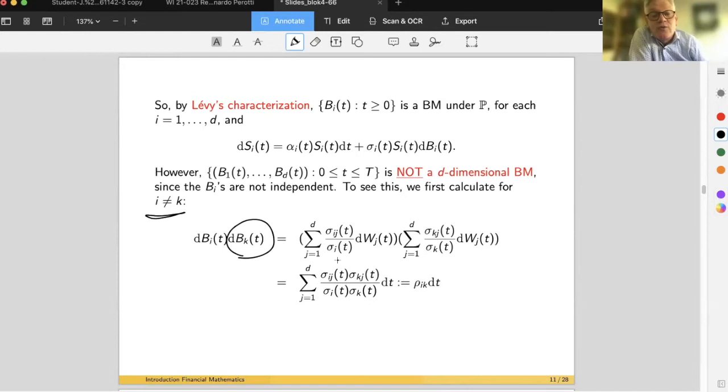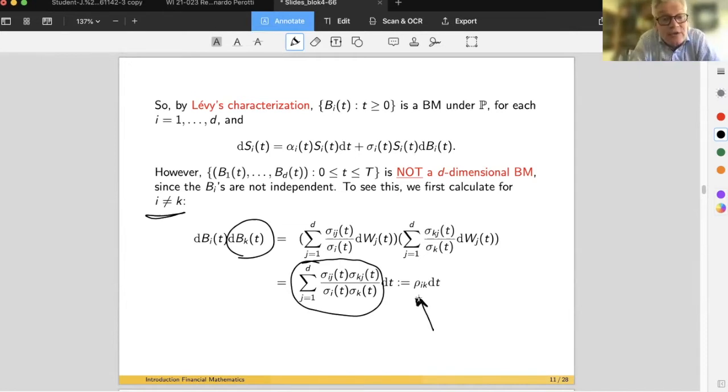And of course, we can also write this out. So we have the sum, j running from 1 to d, of sigma_ij(t) divided by sigma_i(t) times sigma_kj(t) divided by sigma_k(t) times dt. And this term here, that sum of sigma_ij(t) sigma_kj(t) divided by sigma_i(t) sigma_k(t), we call rho_ik.